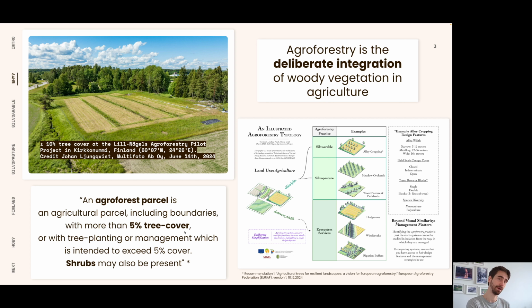You start getting above 10%, it might be difficult to do a Silvoarable system, which is what this project is going to be. It doesn't look Silvoarable at the moment because we're in the process of converting this grassland back into annual and biennial cropping systems, but it's going to move back into an alley cropping situation.